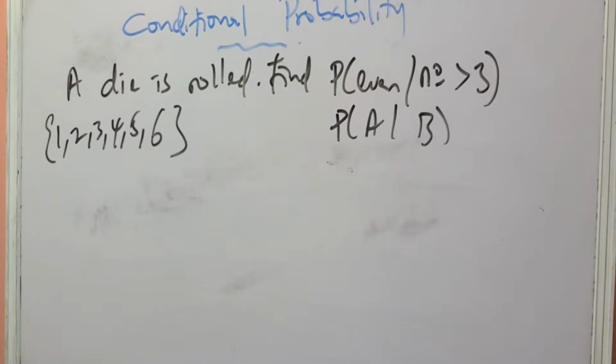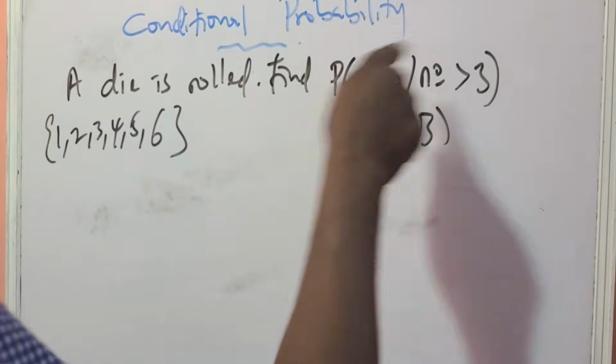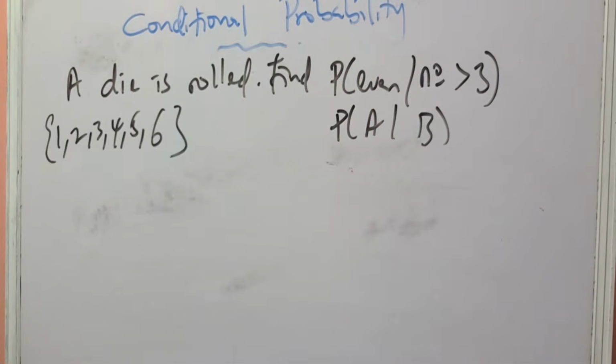So number greater than 3 becomes the condition, the new sample space in a case like this, because you are not interested in all the possible outcomes now. You are only interested in probability of even given number greater than 3. So just restrict your workings to number greater than 3. We're not interested in the whole scenario.